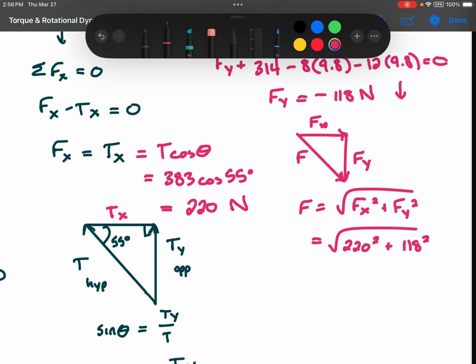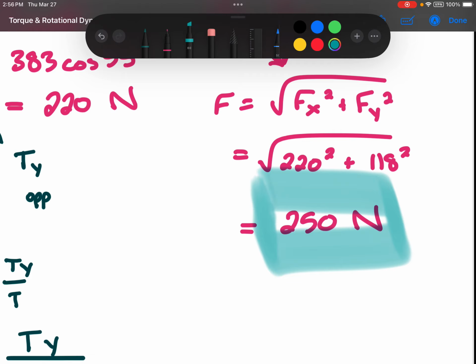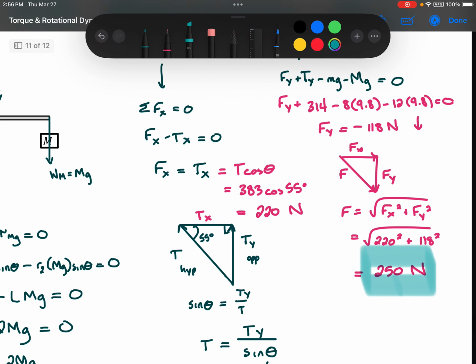And we get, let's see, square root 220... Looks like the magnitude of the force from the wall on the bar is about 250 newtons. And it didn't ask for what angle that's at, just wanted the magnitude, so that works as our full solution.